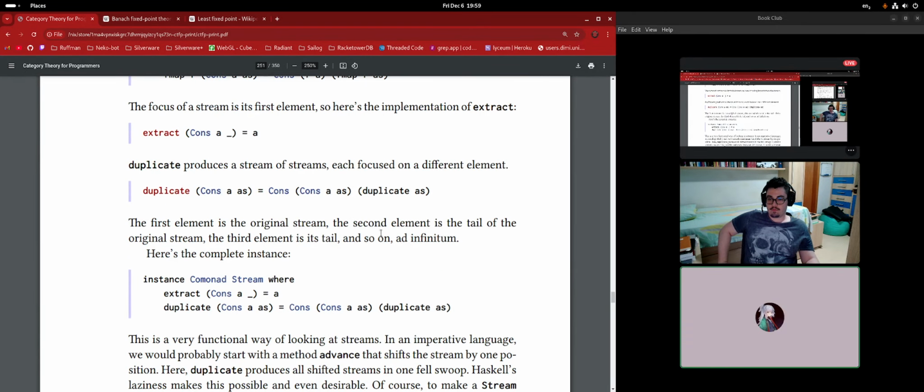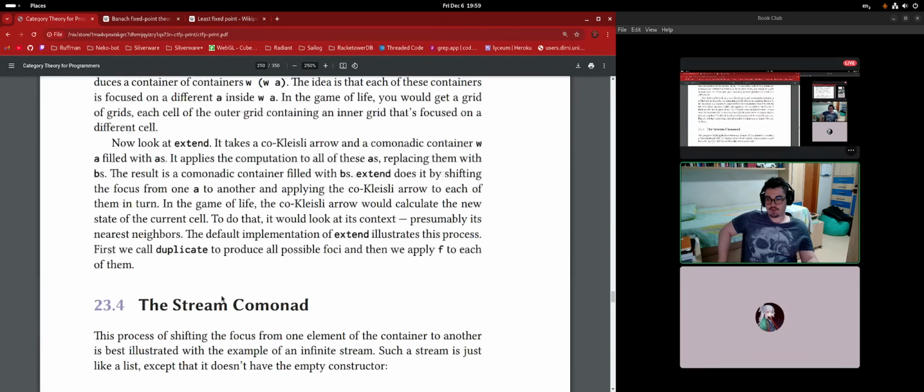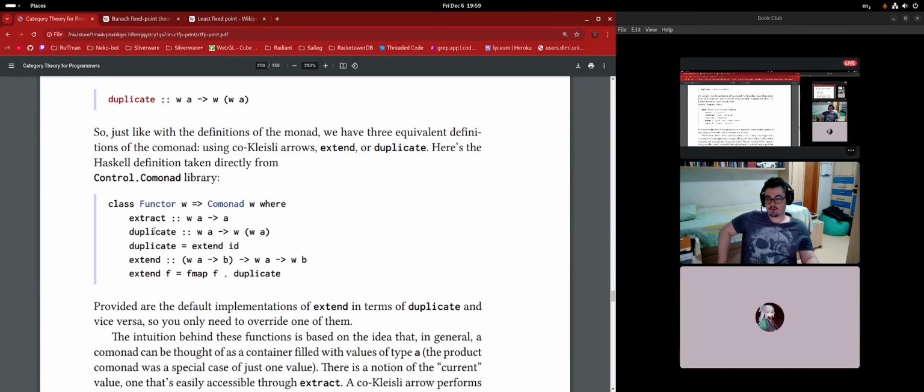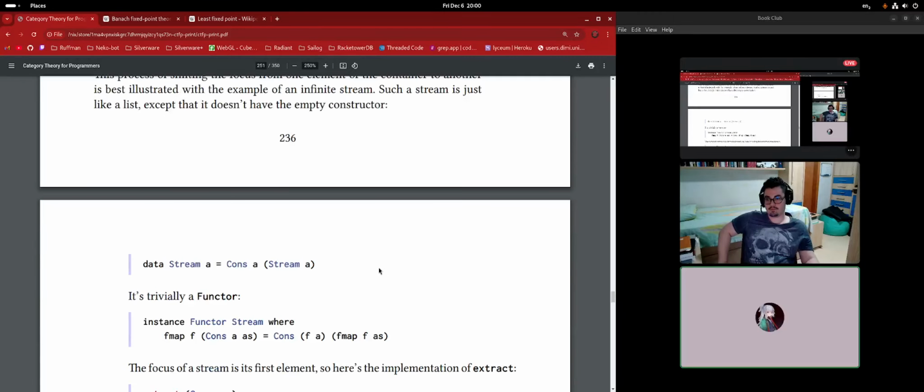Now that I saw the class definition, it kind of makes sense, and it sounds very similar to what lenses are supposed to do, right? Because you have this big nested data structure, which is your context, and you want to focus on a small part of that data structure, you see?